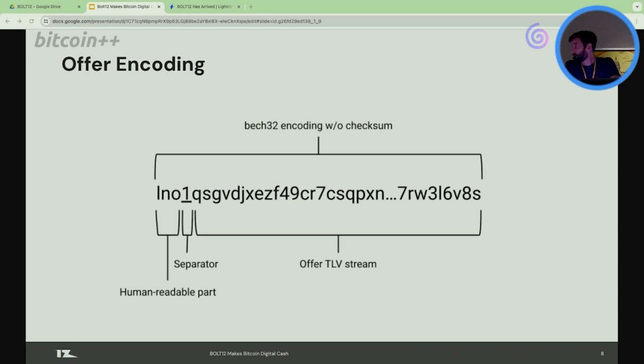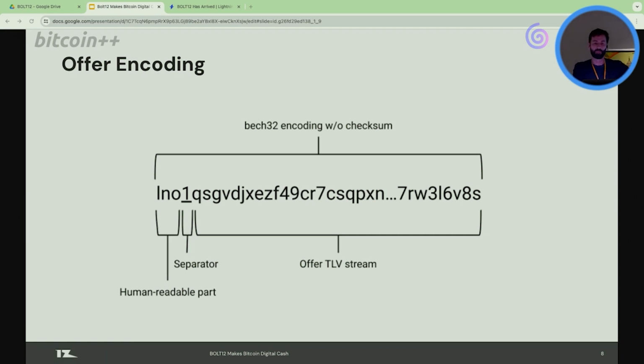There is a separator character, and then the actual offer TLV stream. A couple things to note: there's no checksum like most bech32 strings, and we'll see why in a bit. And not really represented here yet, it's not signed, and we'll get into why that is the case.